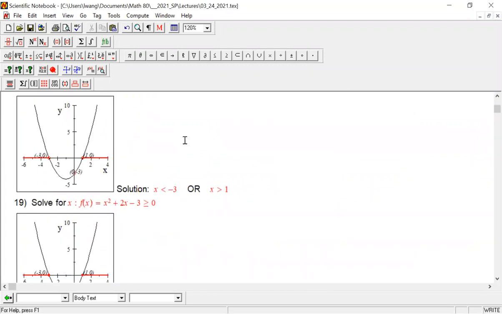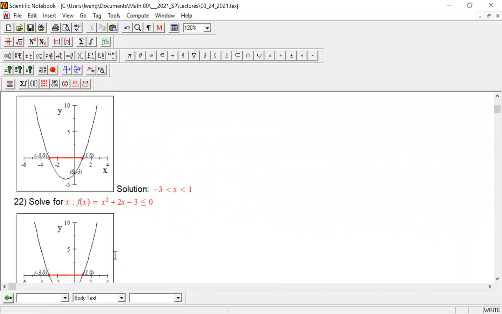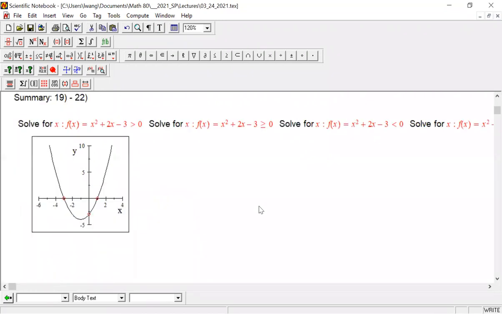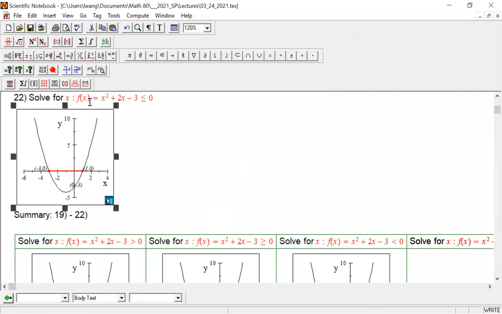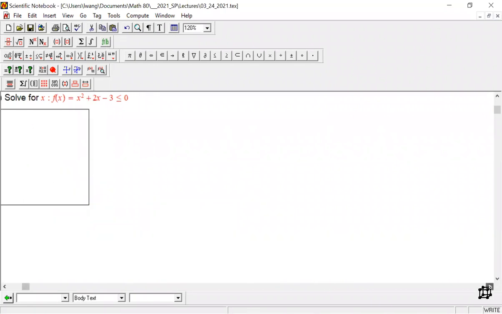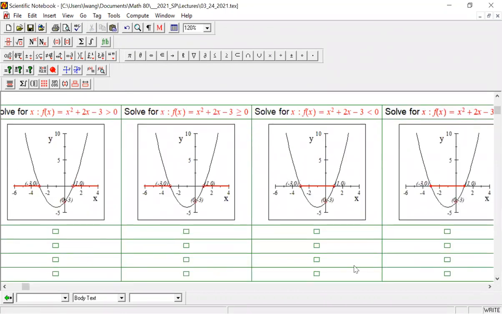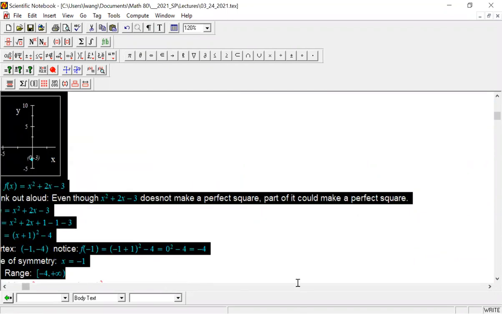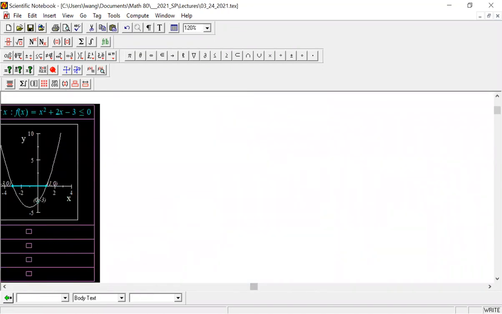Oops, didn't copy it. Copy, paste. Okay, less than 0. Less than or equal to 0. I hope this will be a good comparison for you to see. Okay, I'm going to delete some of the rows because they're in my way.